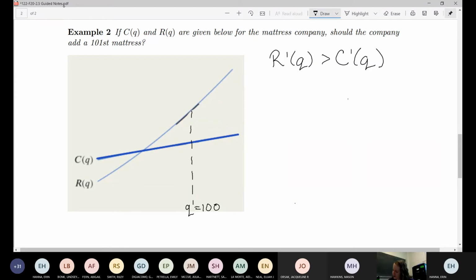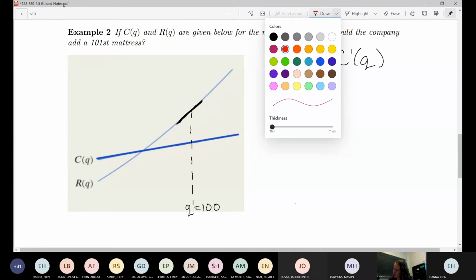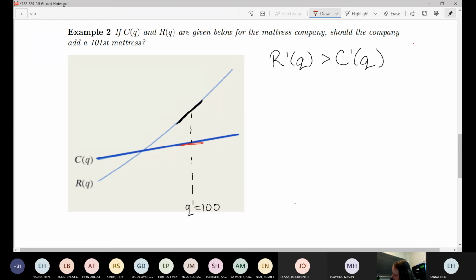So if I look at the tangent line slope at this value of R, and then let me change the color really quick, and then I look at the slope of C, well, if I compare those 2 slopes, which one of them is steeper? The black one is.